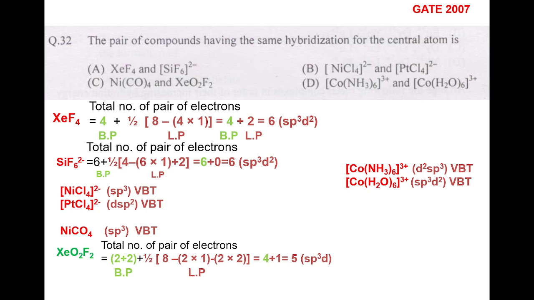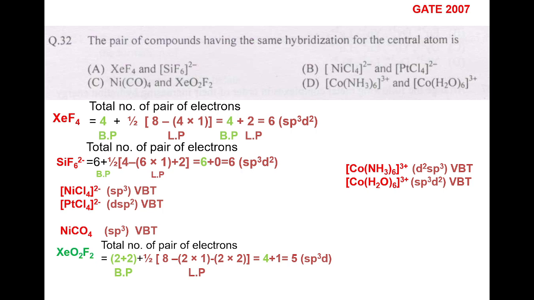In NiCl4 2 minus and tetrachloroplatinate 2 minus, the hybridization is sp3 and dsp2 square planar geometry in case of platinum. In the case of tetracarbonyl nickel, the hybridization is sp3.